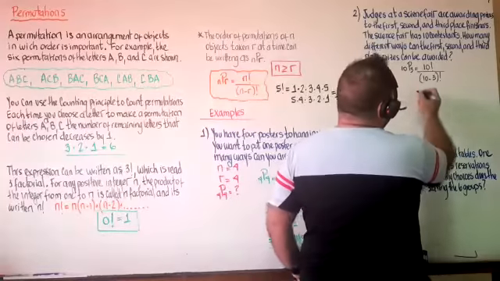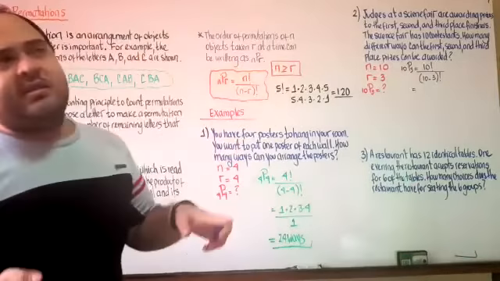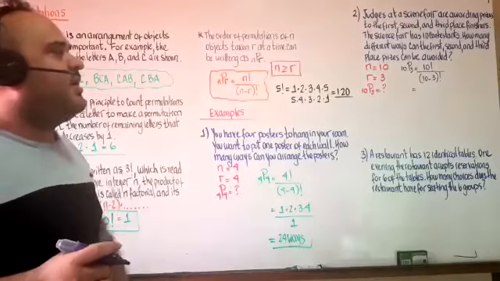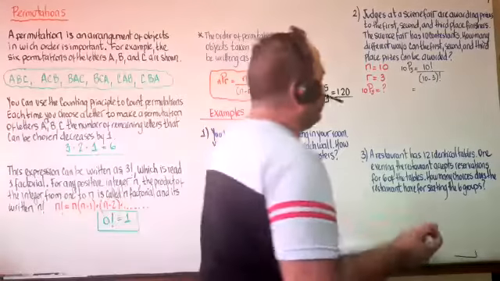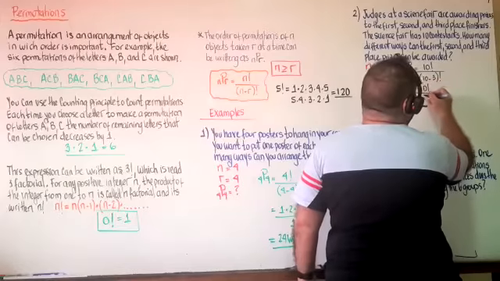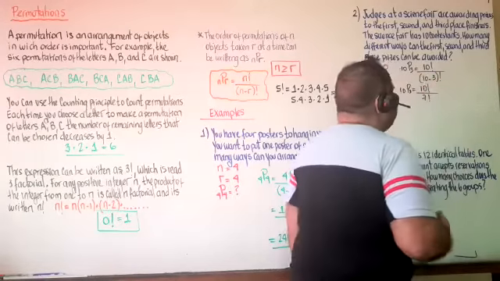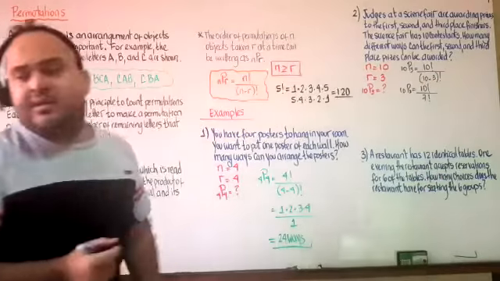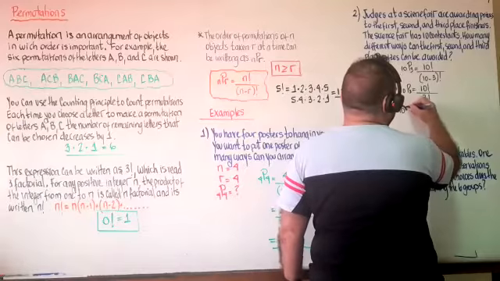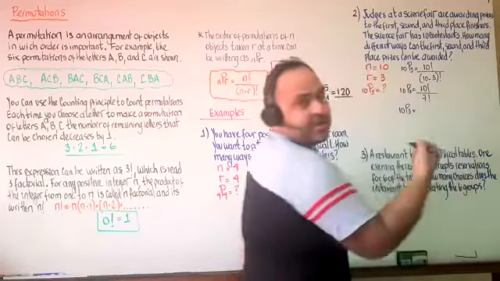Continuing with this situation, remember, 10 factorial could be the product from 1 to 10 or the product from 10 down to 1, increasing or decreasing order. At the end, the result will be the same. But before doing that, I'm going to write 10 factorial over 7 factorial. Why? Because 10 minus 3 is 7. So at the moment, I'm going to solve this problem. Increasing or decreasing order, it doesn't matter.